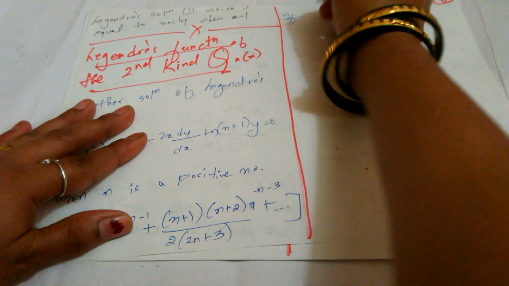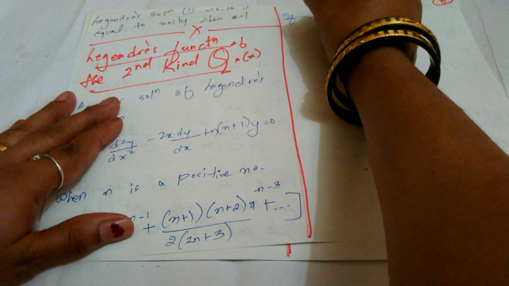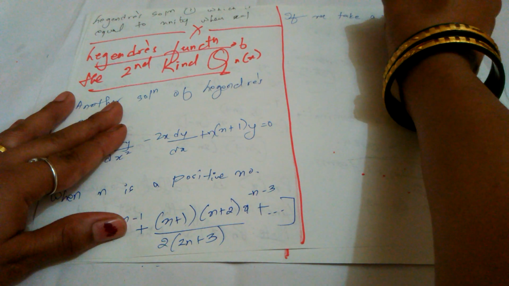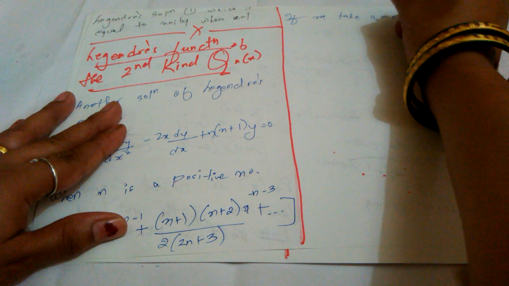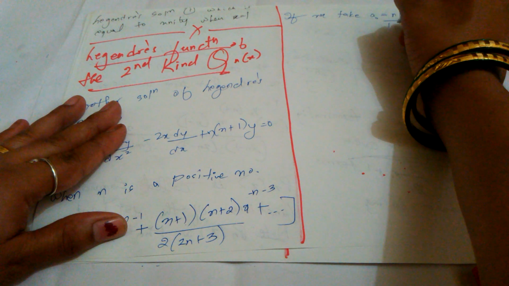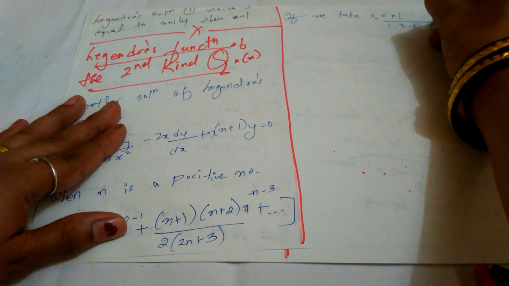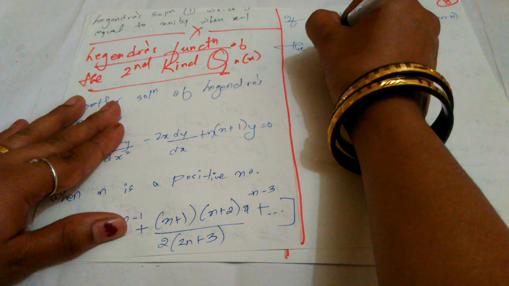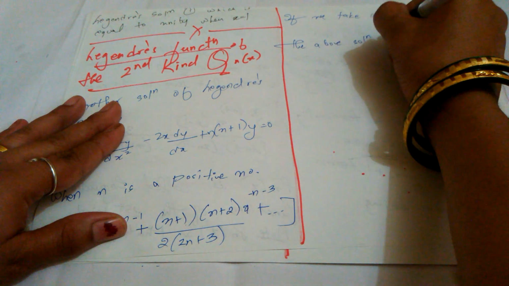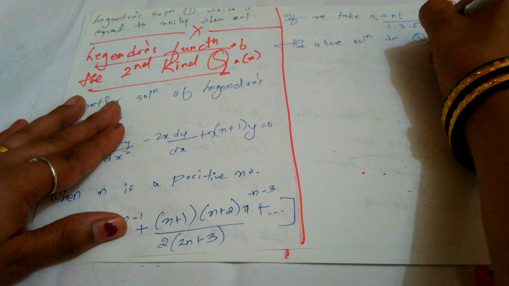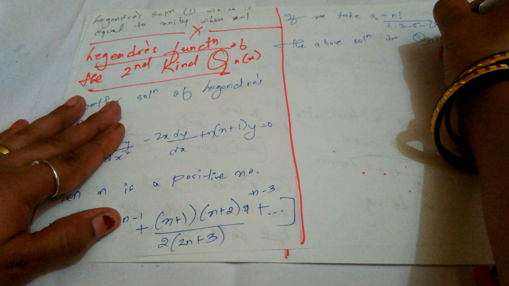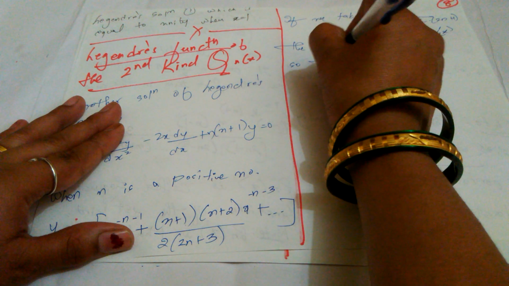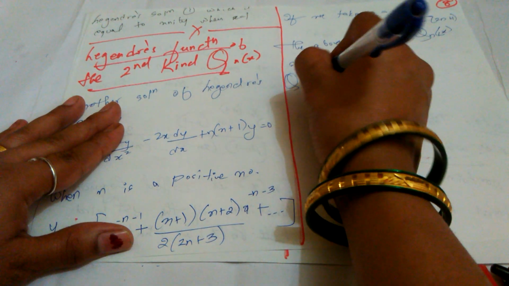Now if we take a naught equal to n factorial upon 1 into 3 into 5 dot dot dot 2n plus 1, what will happen? My above solution in this one, that is y, it will become q of n of x.